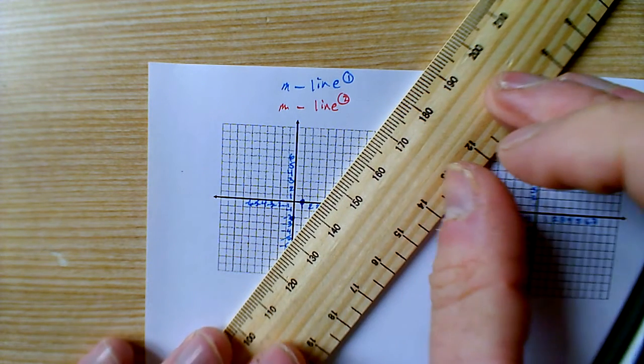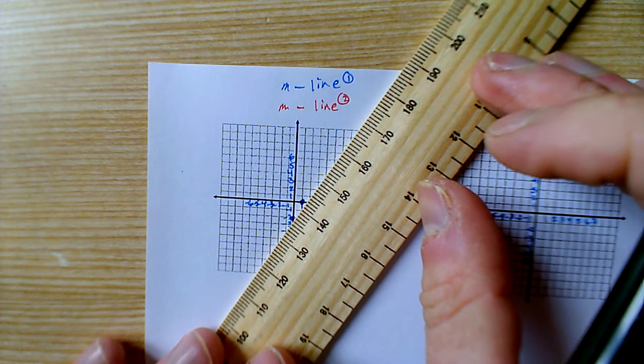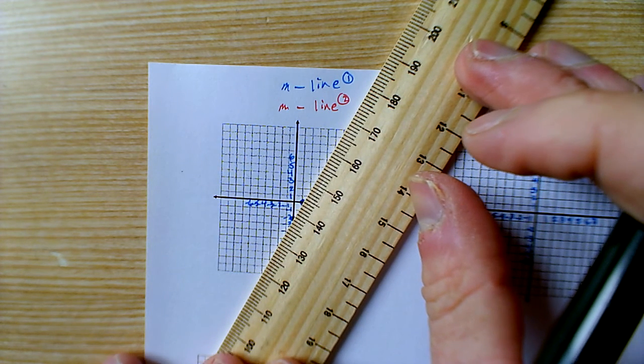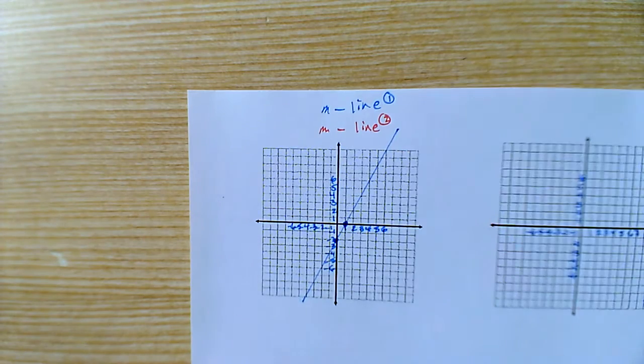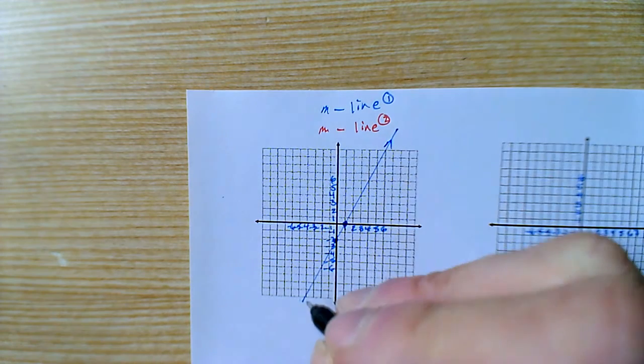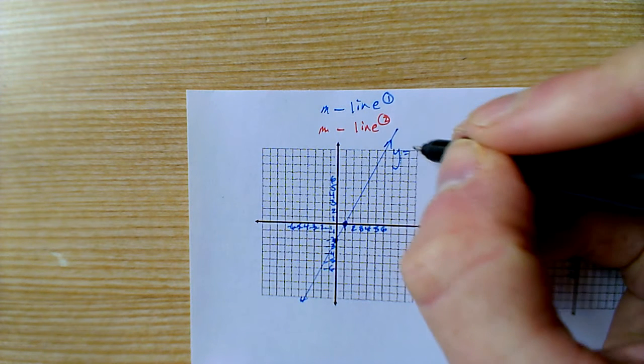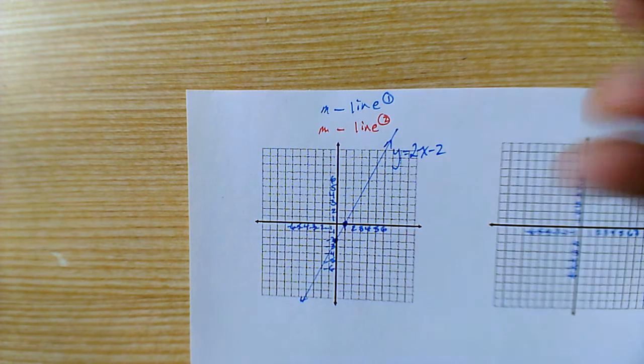Use a ruler. Trust me on this, it's key to use a ruler on these drawings because you really need to make sure that they're accurate and they're done properly, so that way you can actually find the intercept, the shared point of the 2. So that's y equals 2x minus 2.